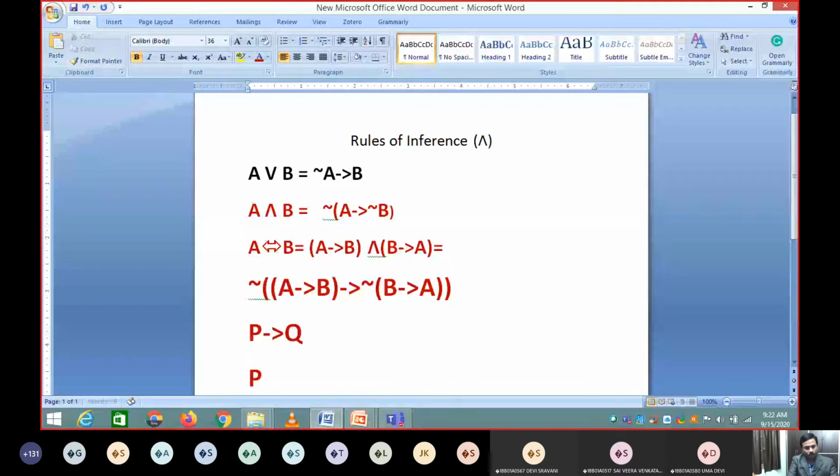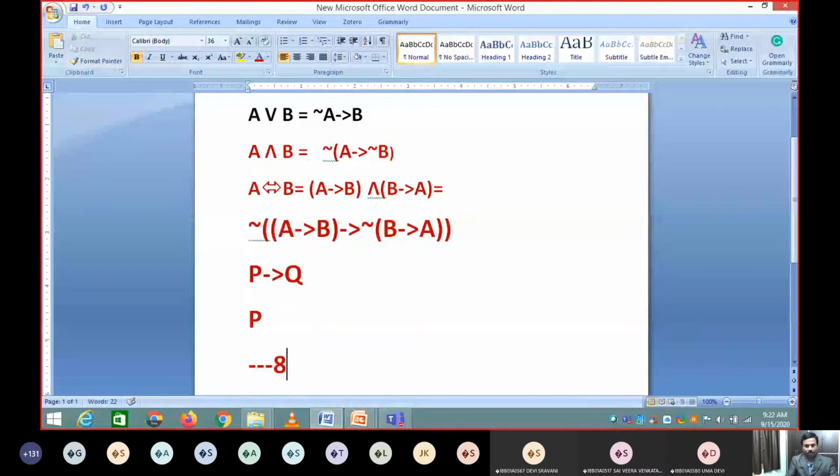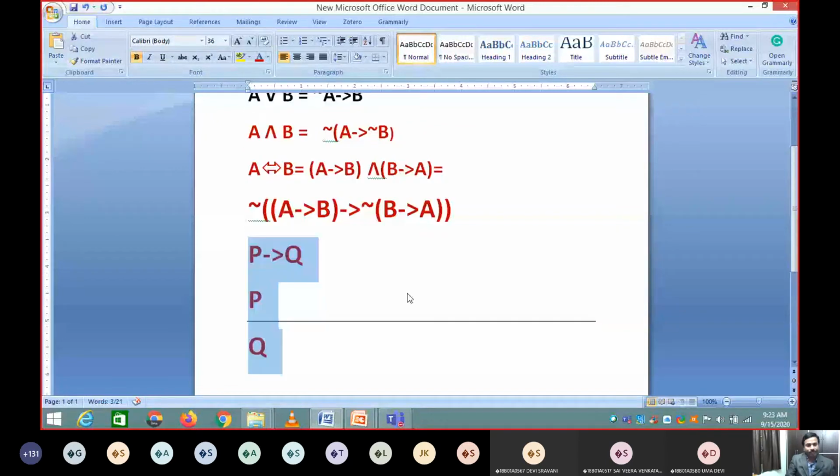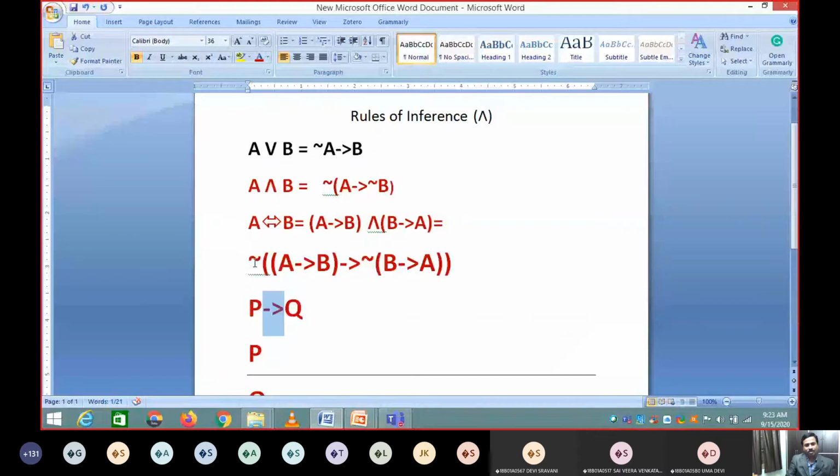We have only one rule applied here, that is modus ponens, from P and P implies Q infer Q. This is the only rule that can be applied for this inference mechanism, and the only symbol accepted is implication, and negation is automatically a default operator allowed in every system.